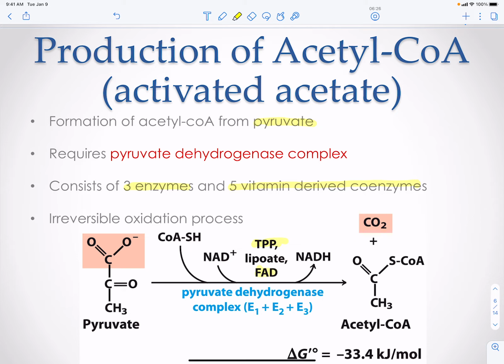We're going to need NAD, which is nicotinamide adenine dinucleotide. Lipoate is also going to be needed, and then of course CoA, which we just talked about, which has that nice sulfur group. All of these are going to be required to take pyruvate, which is a 3-carbon, to acetyl-CoA, which is a 2-carbon. And again, you're going to release 1 carbon as carbon dioxide.